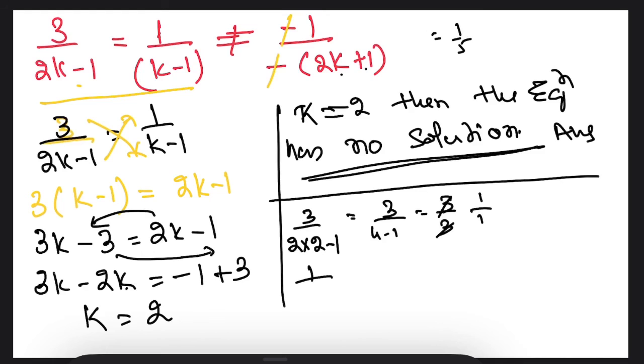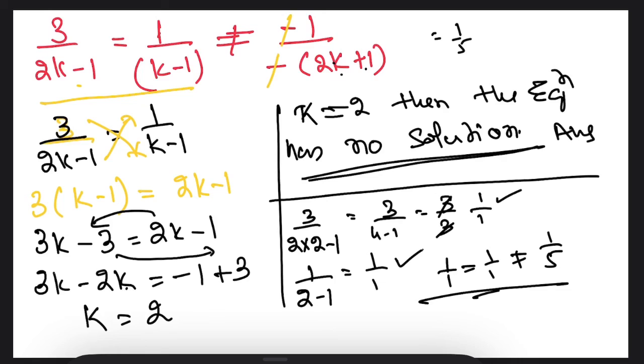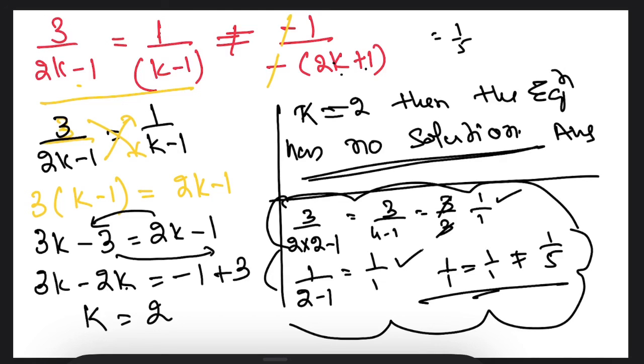Here 1 upon k minus 1 with k equal to 2, that is 1 upon 1. Yes, a1 upon a2 equals b1 upon b2, correct. And this one is coming to 1 upon 5. So 1 upon 1 equals 1 upon 1 is not equal to 1 upon 5. Got it? This is just to know whether ours is correct or not.